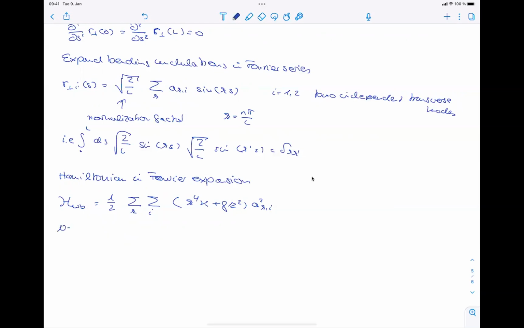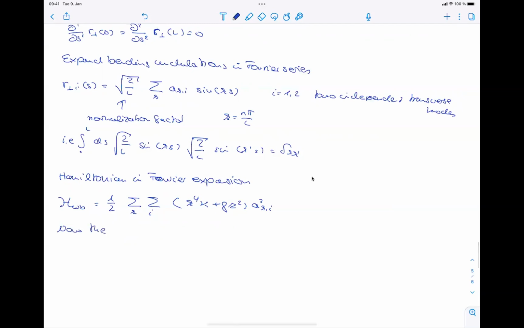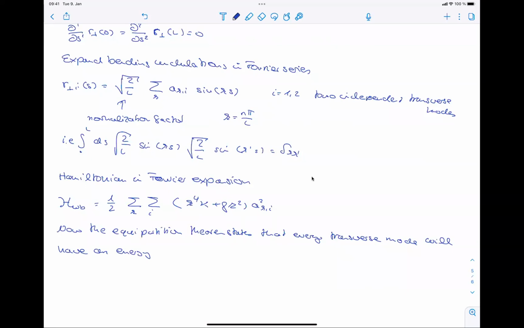The equipartition theorem states, to determine these A_k, at least statistically, that every transverse mode will have an energy of kBT.